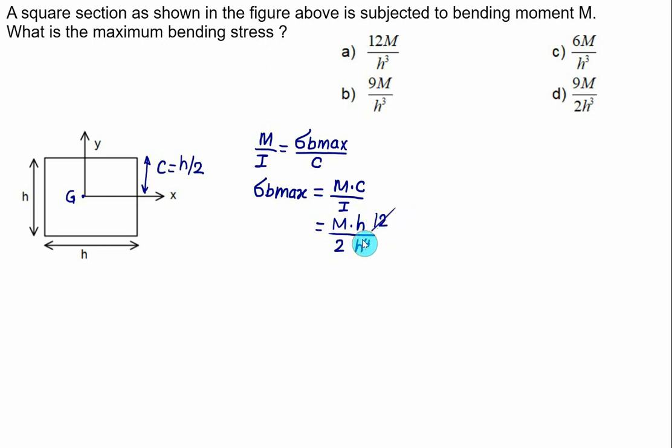This 12 and 2, so 6 is left in the numerator. So the maximum bending stress will be equal to 6 times M, and one of the h will get cancelled. So we have 6 times bending moment divided by h cube, 6 times M divided by h cube. Our choice C is the correct choice.